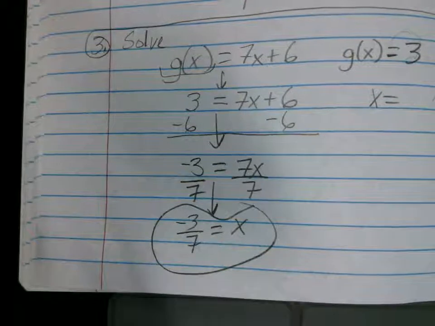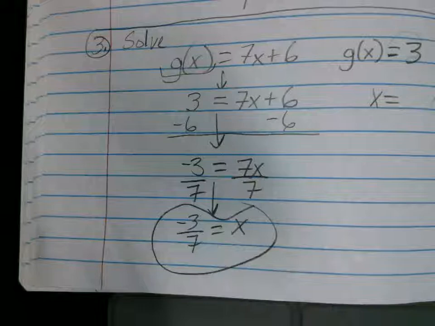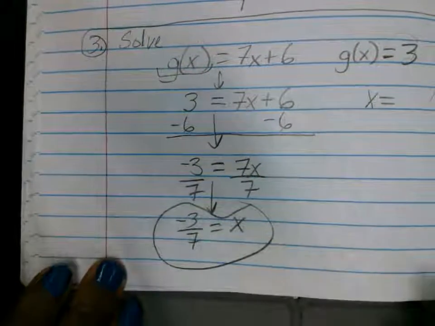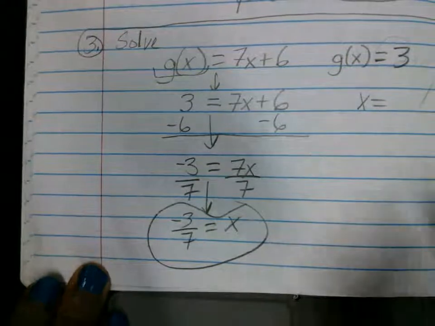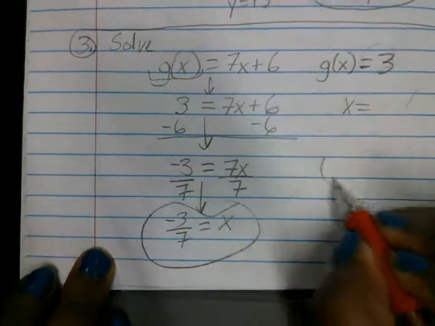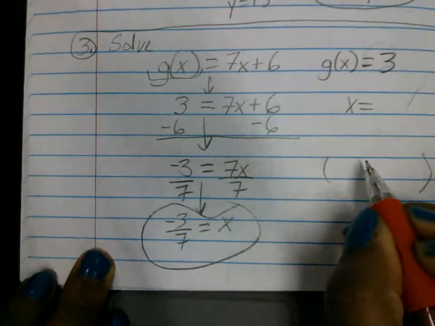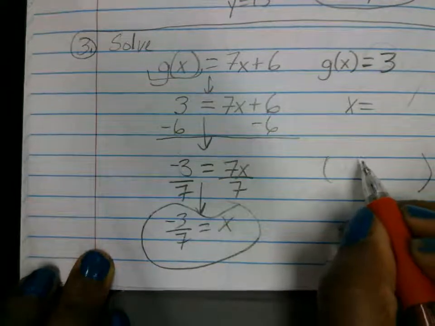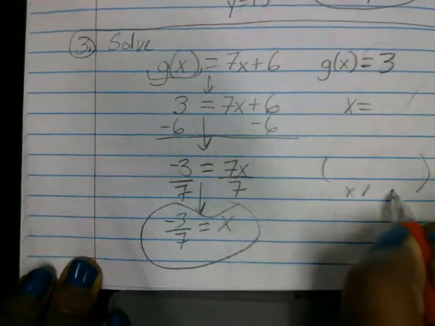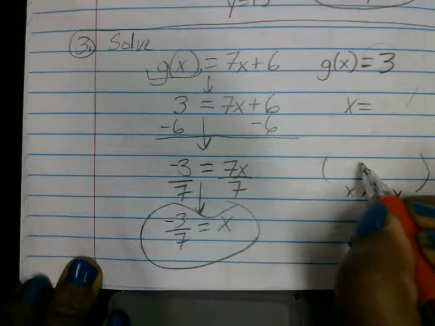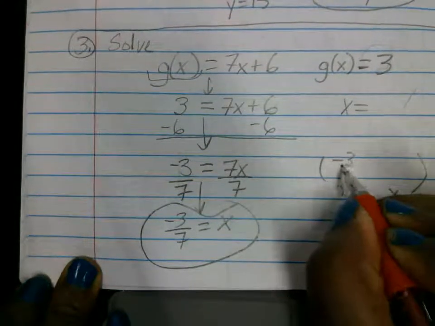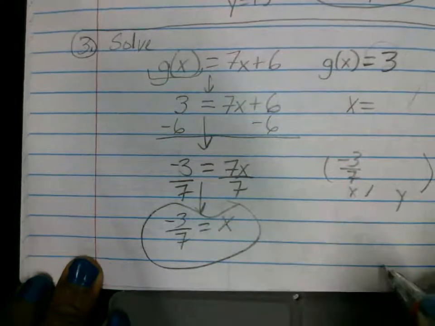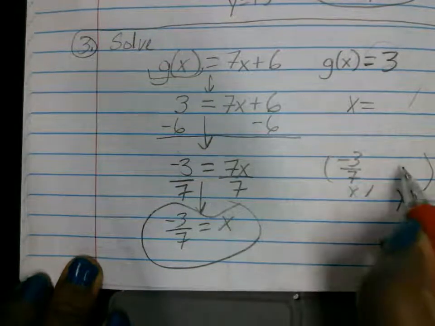Okay? All right, what's another way to write this answer? We got x is equal to this. What else? Ordered pair. What'd you say it was? What's our ordered pair going to be? -3/7, comma 3.